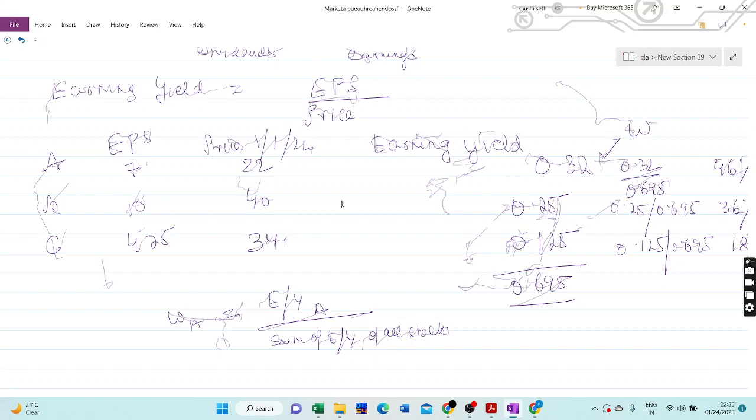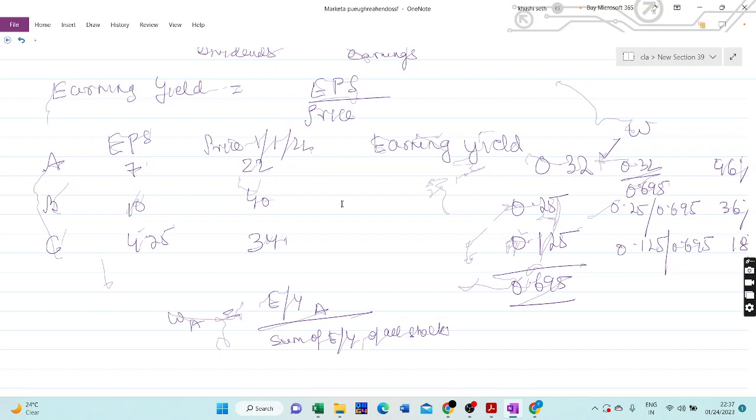So, usually value stocks would have higher weights in a fundamental weighted index. As we can see here, stock A is a value stock and it has the highest weight in this fundamental weighted index. And what are value stocks? Value stocks are stocks which are relatively inexpensive, which are trading at a price which is lower relative to their fundamentals.